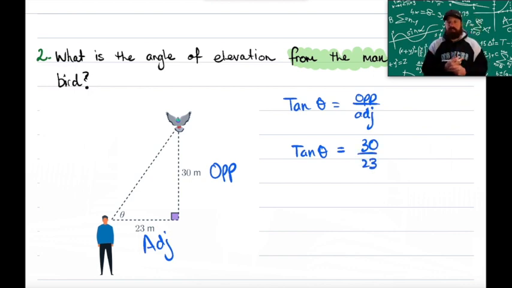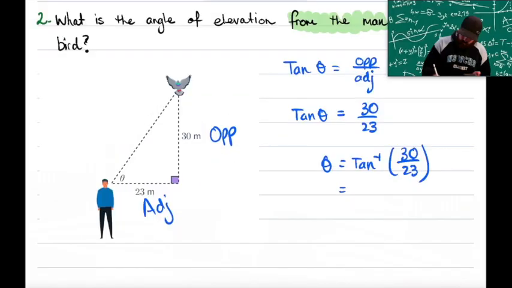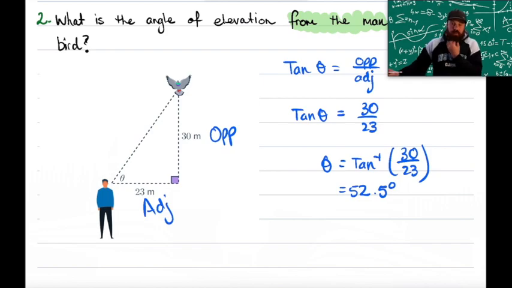Remembering that when we get to this stage, to solve for theta, we're going to press Shift tan on our calculator. So theta is going to be equal to that, Shift tan on our calculator, equals 52.5 degrees. So this man needs to look up at 52.5 degrees to see the bird.